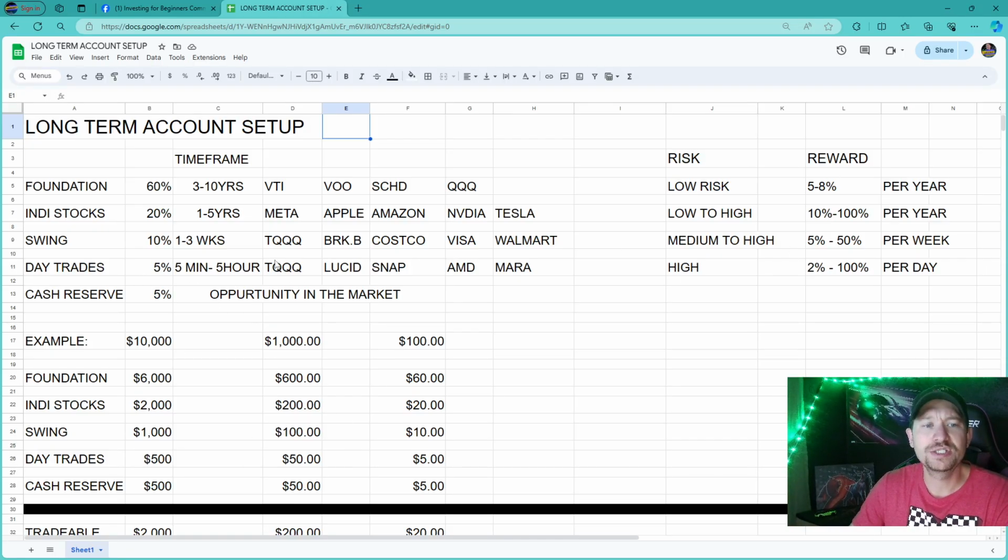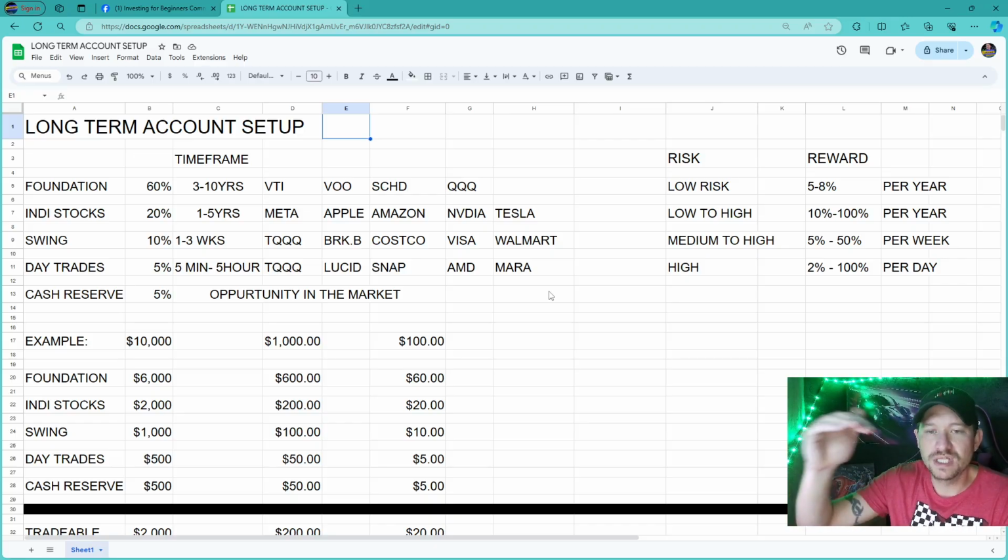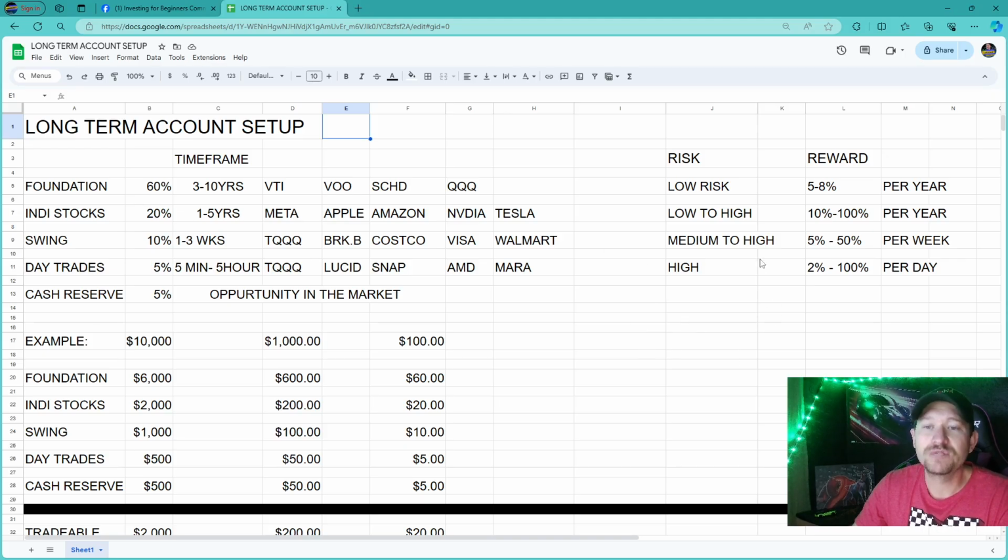Now, some companies would be TQQQ again, Lucid, Snap, AMD, Mara, or any other companies that you see value in, buying at a support level at a low, selling at a resistance level at a high. Now, the risk on this could be very high because if you're new to trading, it could be very hard for you to identify certain patterns, whether the pattern is going up or down, or if you even bought at a good enough entry at that particular time.